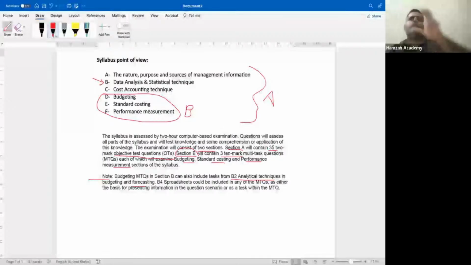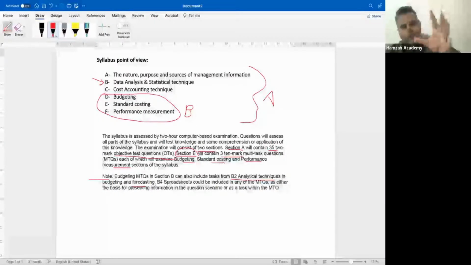For example, you may be provided in a question with a picture of an Excel spreadsheet where certain formulas or certain values are written, and the examiner might ask you for a specific formula which we can put into the relevant cell for the calculations, right?